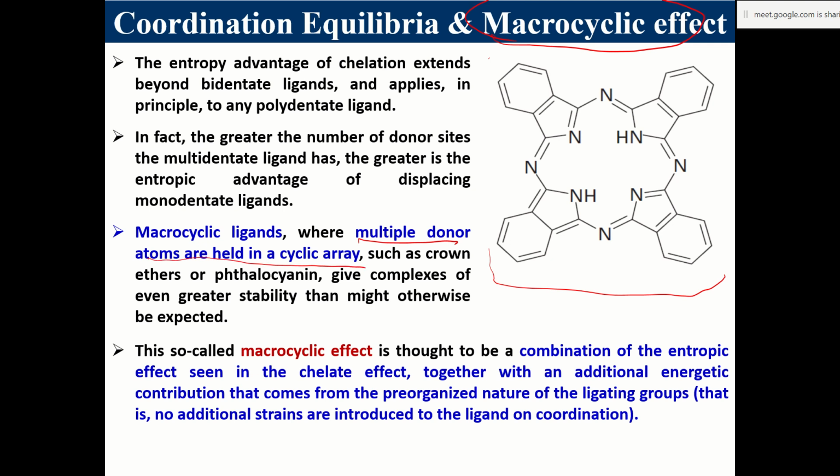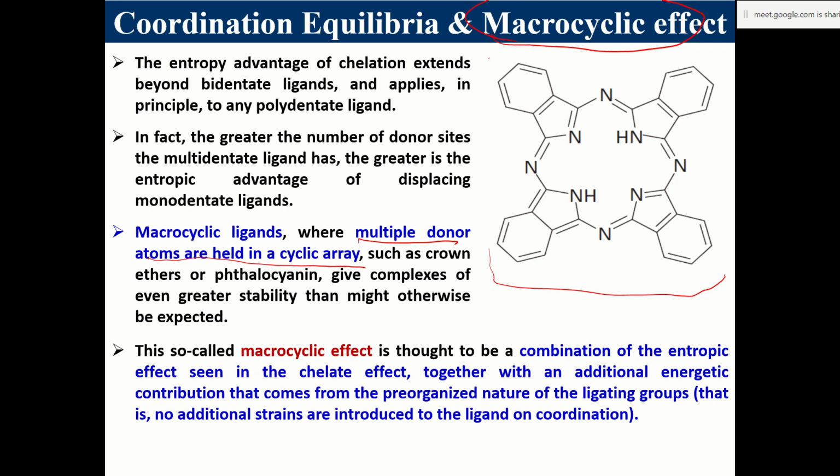Okay, so in the previous cases, formation of a ring was happening whenever a chelate ring was formed, a chelate complex was formed. During the formation of the chelate ring there was some strain developed in the ligand molecule, and that strain was acting against the stability of the system.